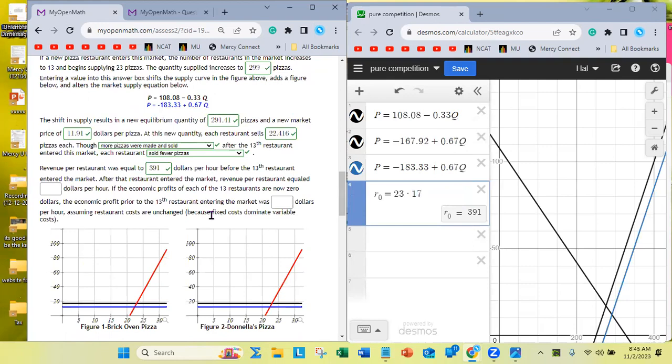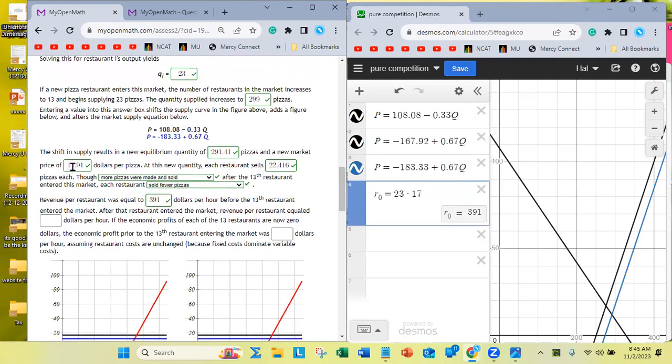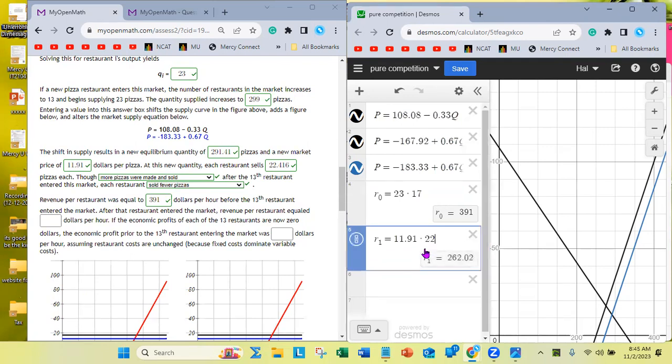After that 13th entered the market, revenue did what? Now, with the 13th in the market, the revenue of each firm is the market price of $11.91 times what each of the 13 restaurants is supplying, 22.416.